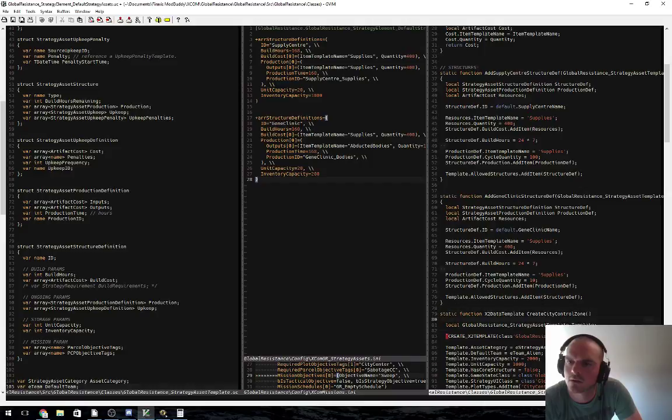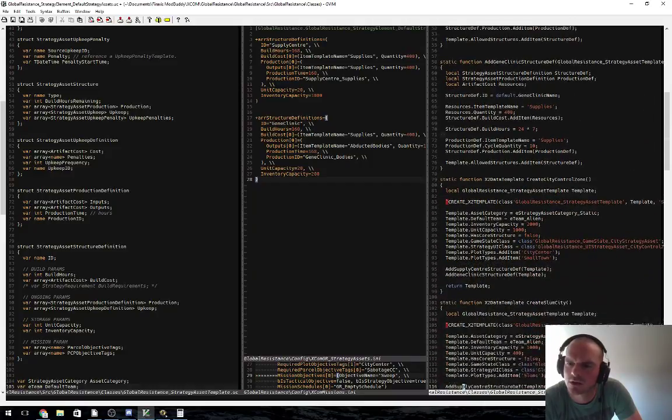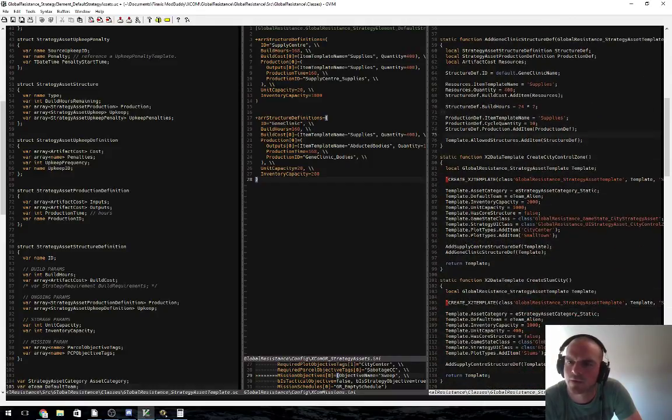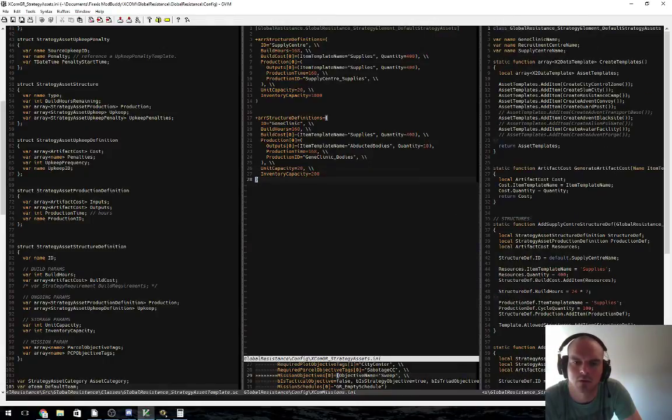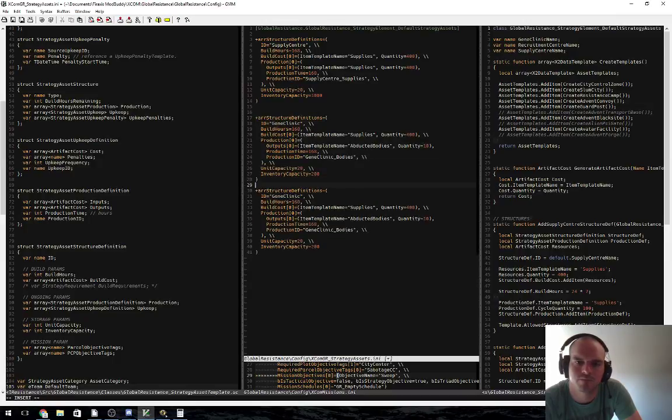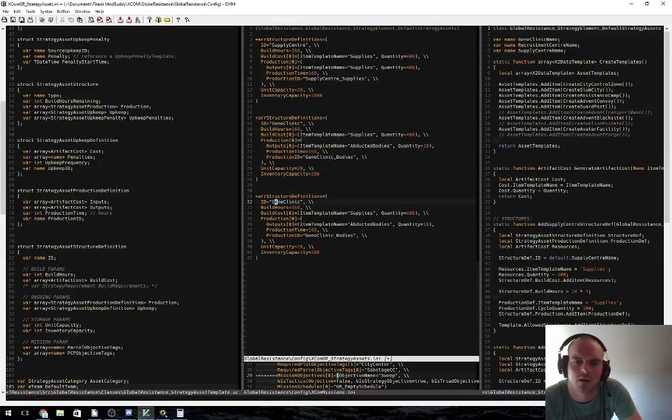What's next? So I've got the supply center, I've got the gene clinic. Okay, so those are the only structures I've got. Eventually what we're going to do is have stuff like a farm. Let's make one now just to sort of push the point.